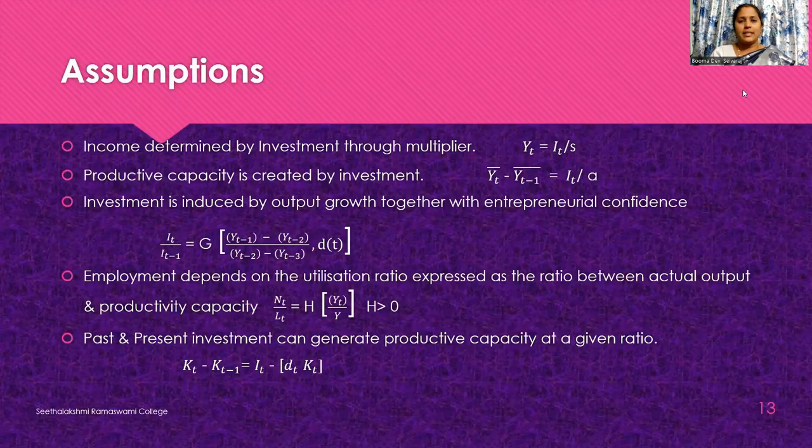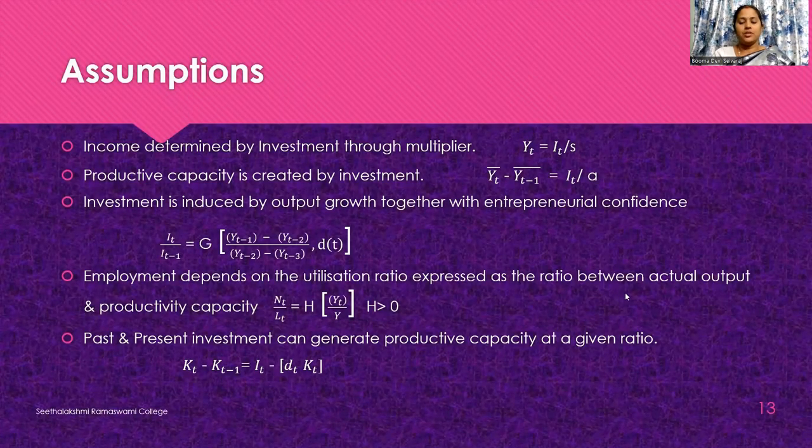If junking exists, it will slow down the productivity of investment, which is represented in the equation as K_t minus 1 is equal to I_t minus D_t into K_t. Here, D_t into K_t is the amount of capital junked. So D_t is the junking ratio.